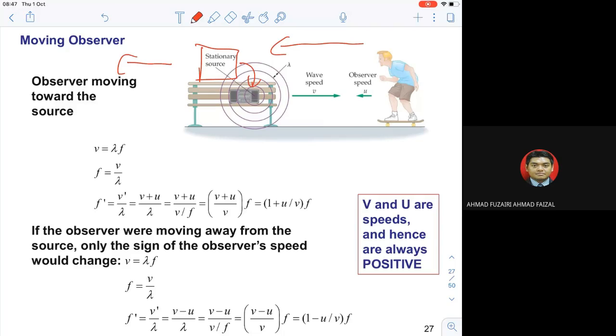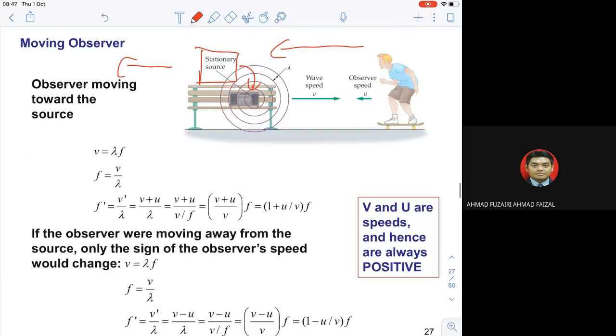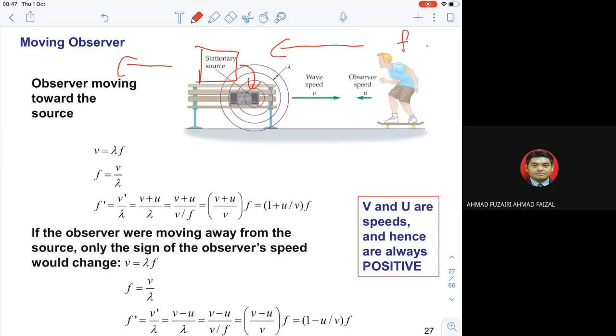The idea of the Doppler effect is that this person will hear a frequency, meaning that the frequency will keep changing as the position changes. Far away, maybe the frequency is low, but while getting nearer to the sound, the frequency will increase.